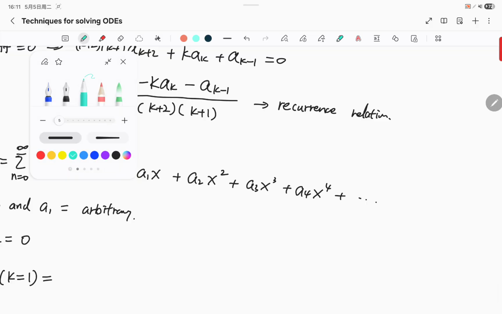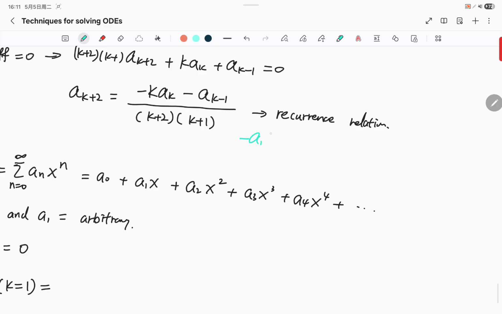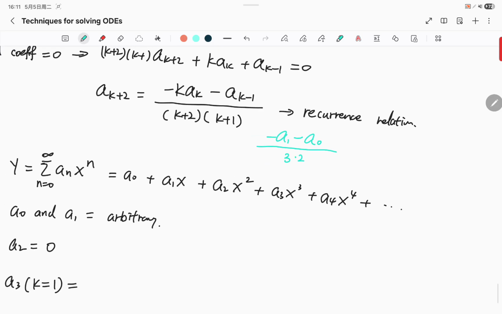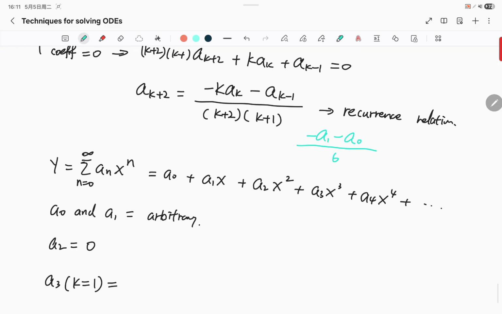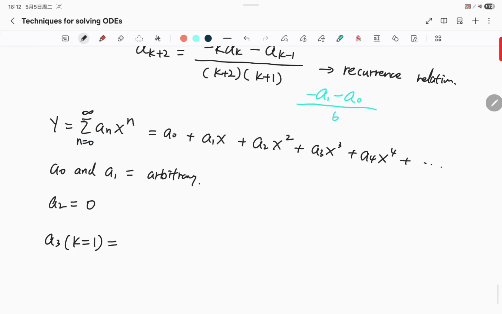So we have minus a1, minus a, 1 minus 1, which is a0, divided by k plus 2, 1 plus 2 is 3, times 1 plus 1, 2. So this is basically 6. a1, we said it's arbitrary, minus a0, which is also arbitrary. We're going to leave it as it is, since we have two arbitrary values divided by 6.